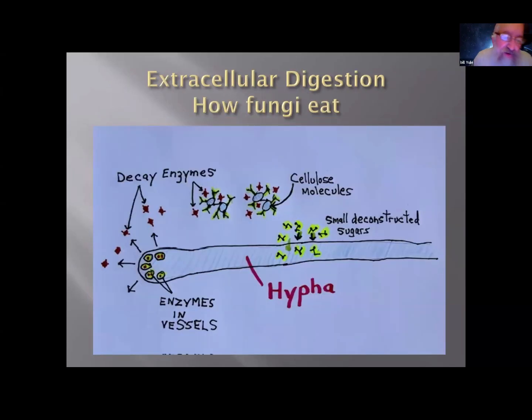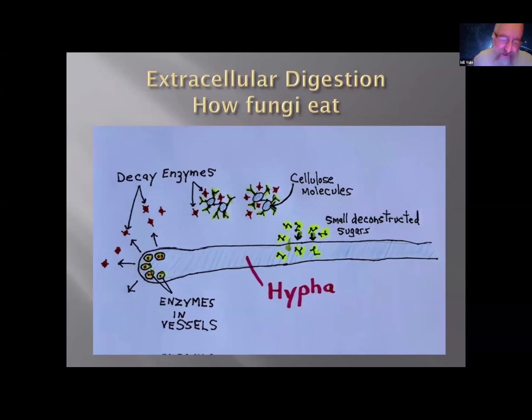This is a close-up of what you saw. And so now we're back at the tip of the hyphae right here. And I want to talk about this because this is one of the coolest things in all of the ecology of decay. This area right here has a big fancy German name. It's the Spitzenkorper.